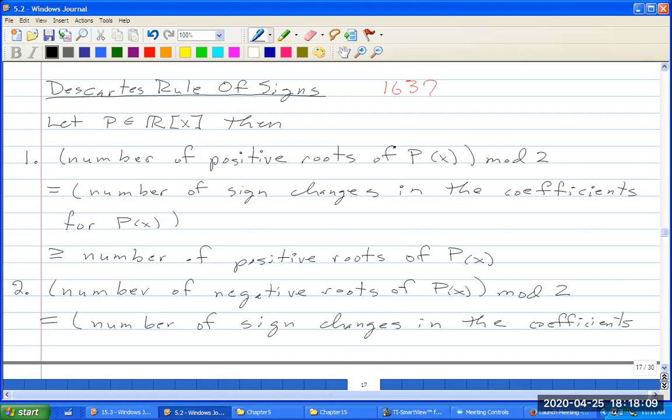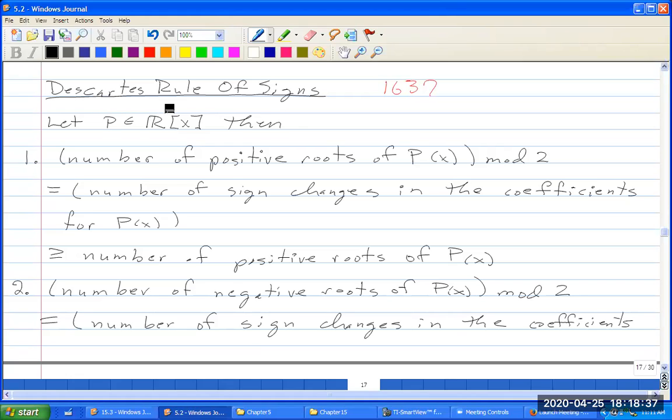Let P be a polynomial with real coefficients. So please note that I keep switching between the two, whichever I want to write, P of x or P. So sometimes I write it as P, sometimes I write it P of x.